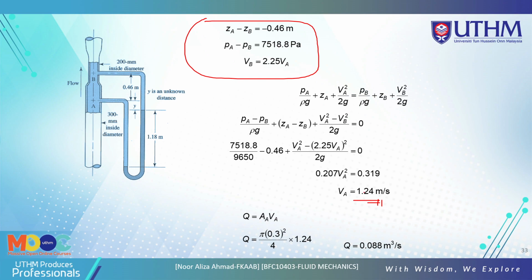After we get VA, just find VB. VB is 2.25 VA, so you just put 2.25 times 1.24. So you get the value of VB, and then you get Q.